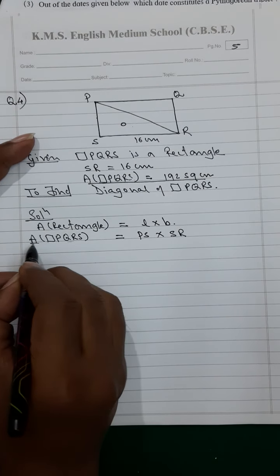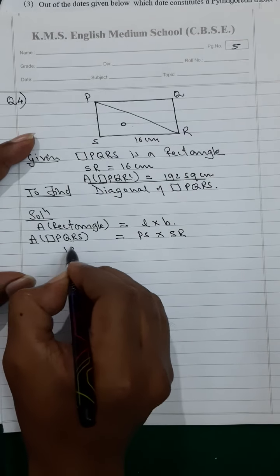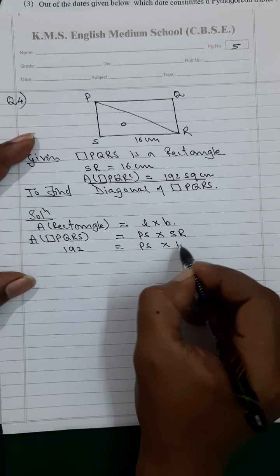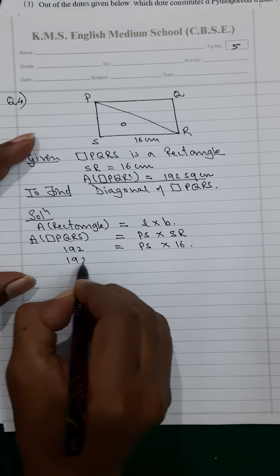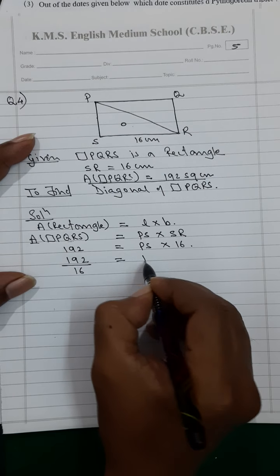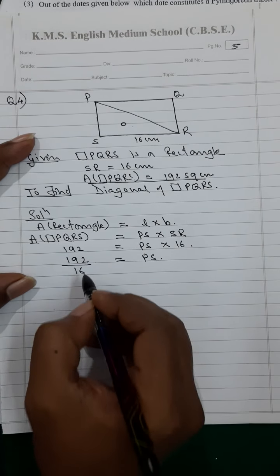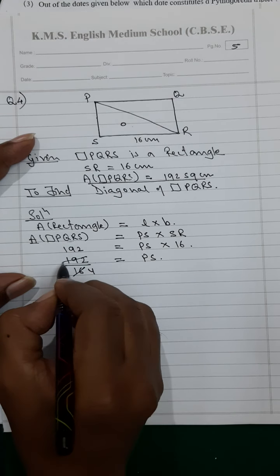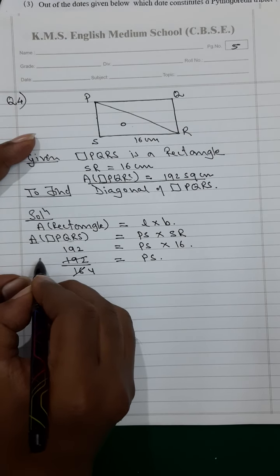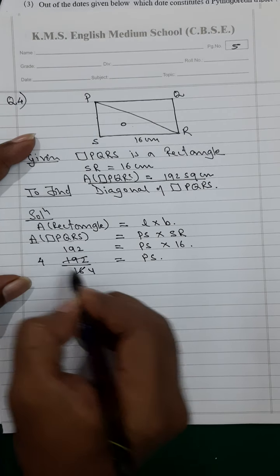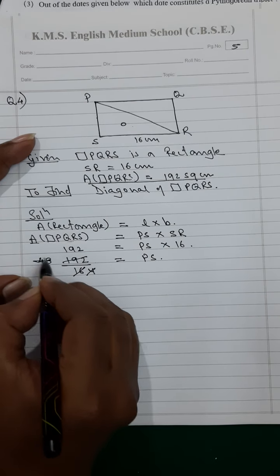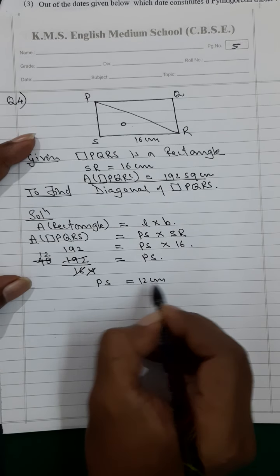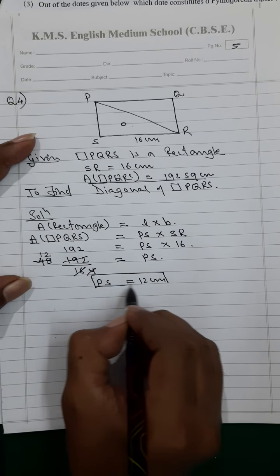The area is given, that is 192. PS we have to find, SR is equal to 16. So you get 192 upon 16 is equal to PS. Now if you solve this, 4 4s are 16, 4 8s are 32, and so PS is equal to 12 centimeters.